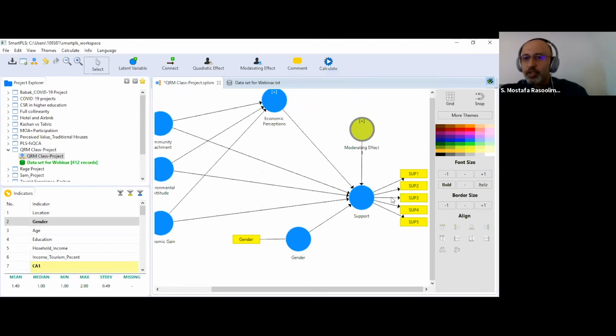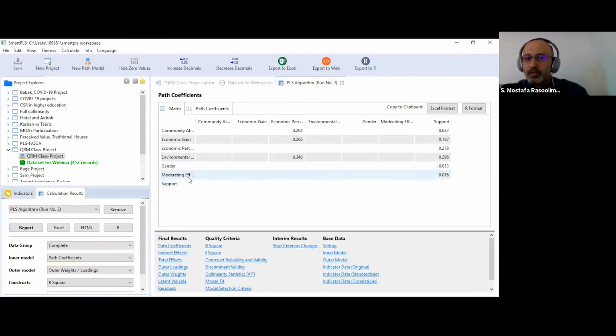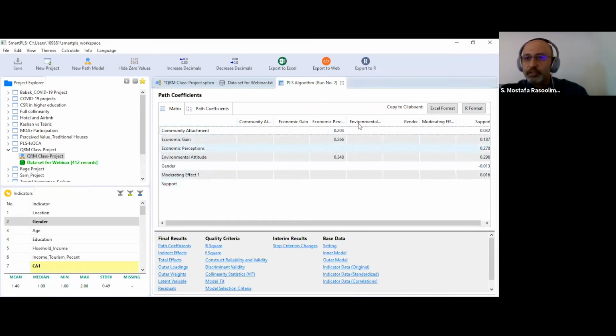Okay, when you run the analysis, you can get the result for the interaction. Now you have to interpret based on this result. When you run bootstrapping, you can see whether the result is significant or not significant.